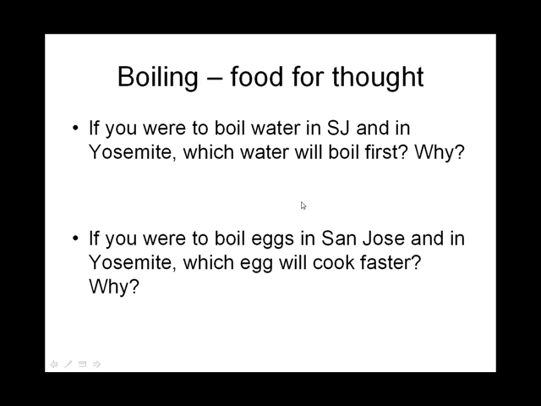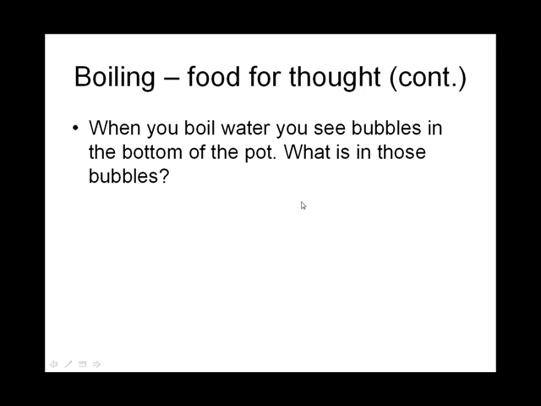And if you were to boil an egg in San Jose and in Yosemite, which egg will cook faster and why? And please respond to this in your science journal. And the last question that I'm going to give you is, when you boil water, you see bubbles in the bottom of the pot, and what is in those bubbles? So please answer that for me in your journals, and that is all I have for you.